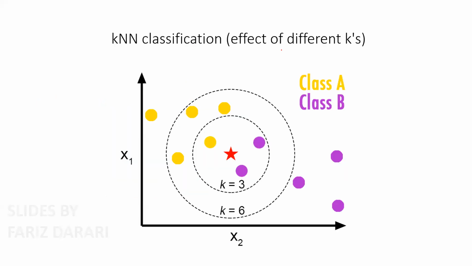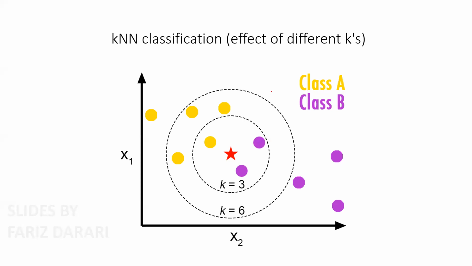And you might wonder, previously I set k to 3, but what if we set k to a different number? Consider this example. It's a different one from the previous one.